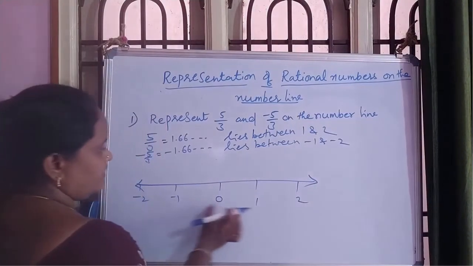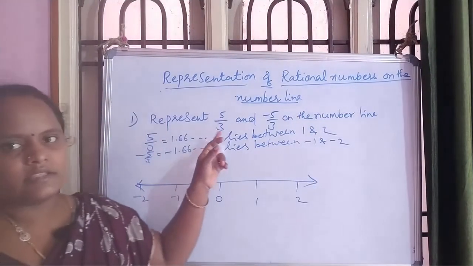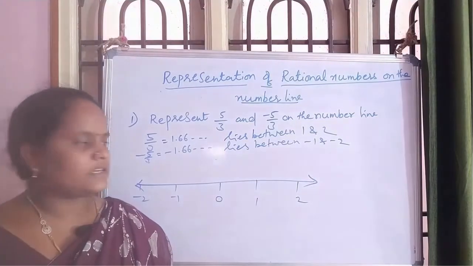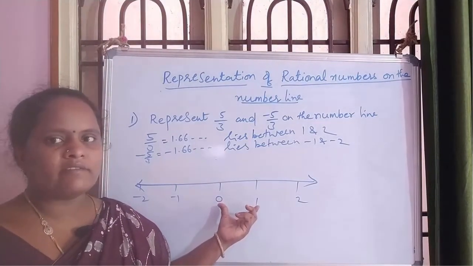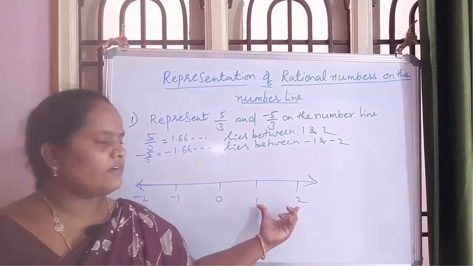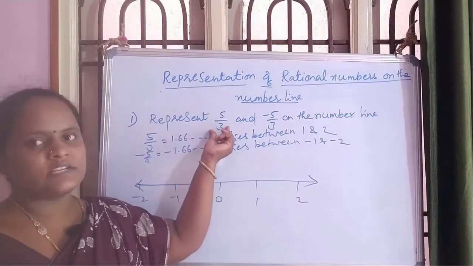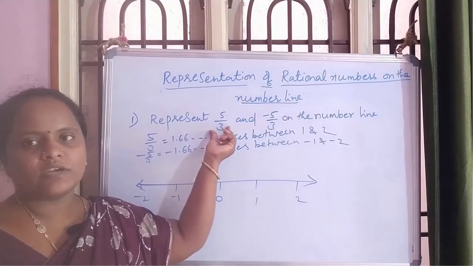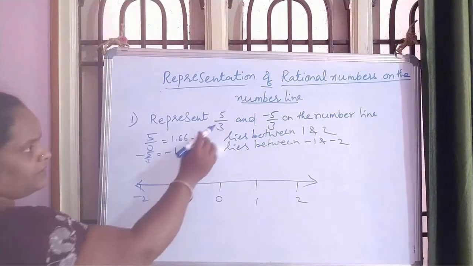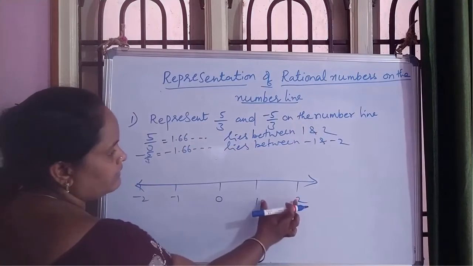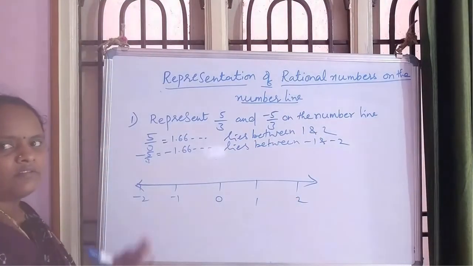So we need to take equal portions. Here in 5 by 3, 3 is the denominator. It represents how many portions you need to have in between 0 and 1 or 1 and 2, and in between any two integers. 3 is the total number of parts you need to divide into. So here 5 by 3 lies between 1 and 2. So in between 1 and 2 I need to have 3 portions.